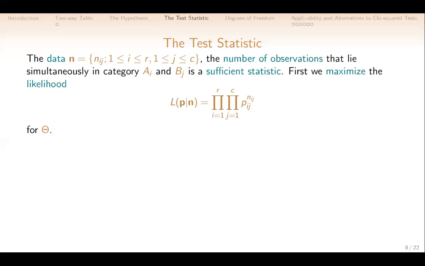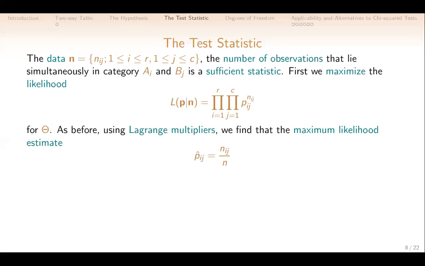So you want to maximize the likelihood, the product over all the columns and all the rows of Pij to the number of observations you have in there. So you can do the same thing that I did last time with the Lagrange multipliers for the goodness of fit. Now you have a double sum. The sum has to be 1.